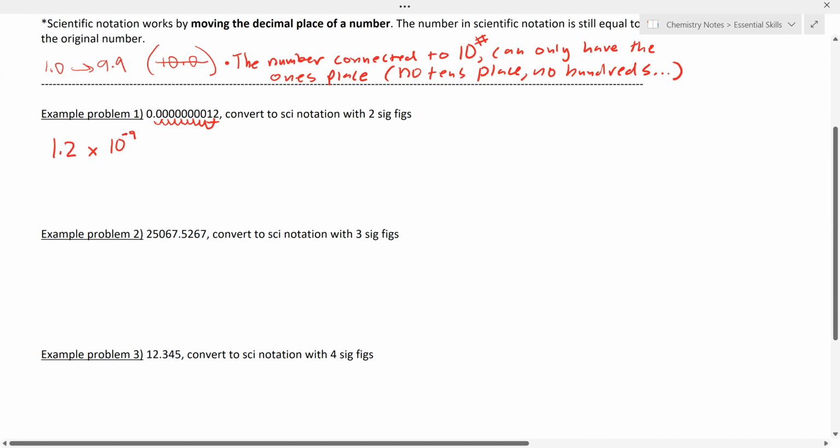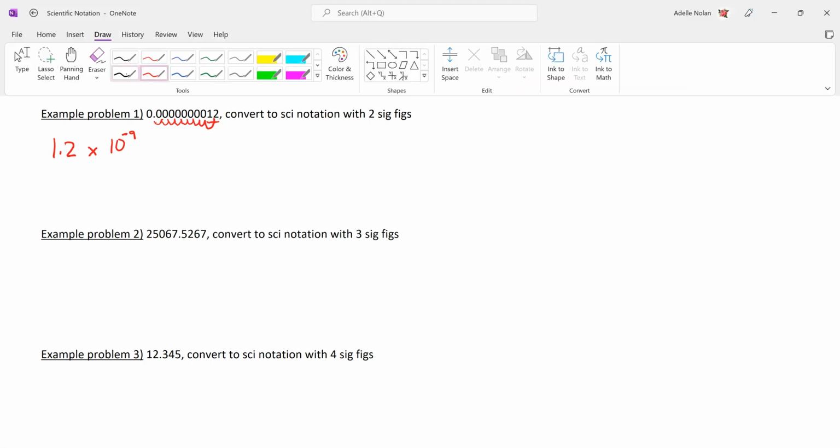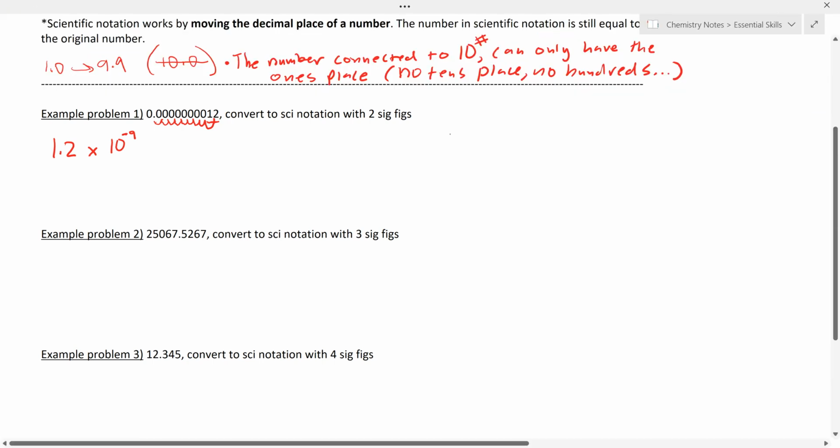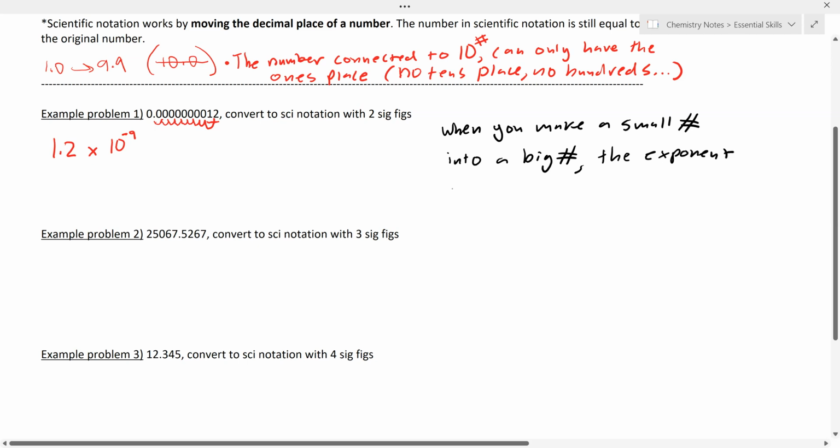So when you make a small number into a big number, the exponent is negative.